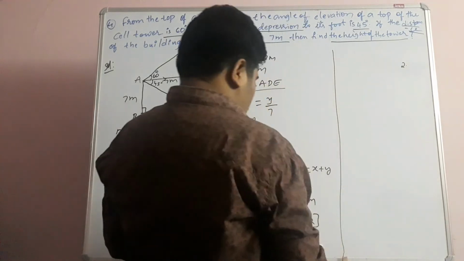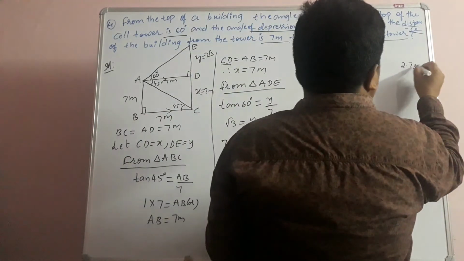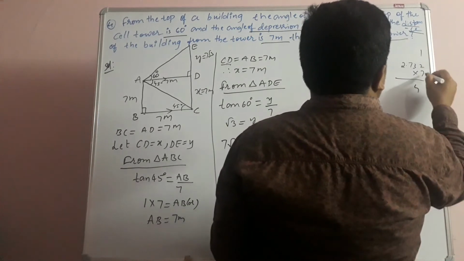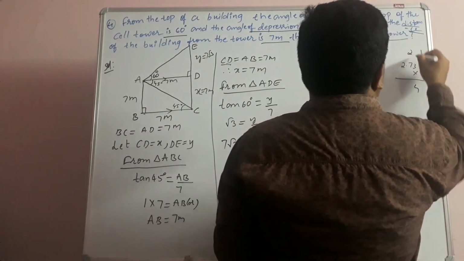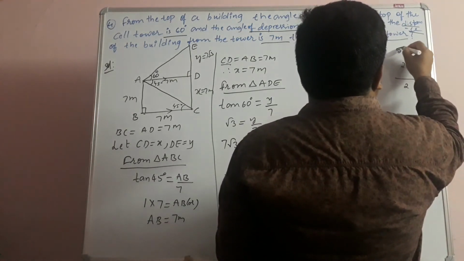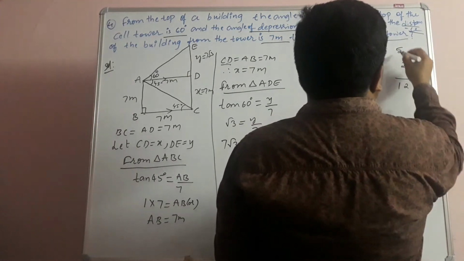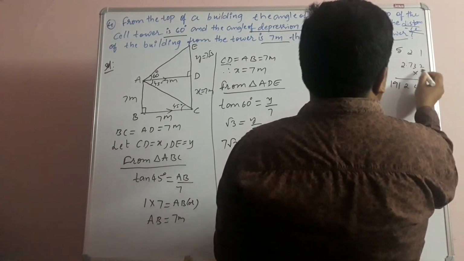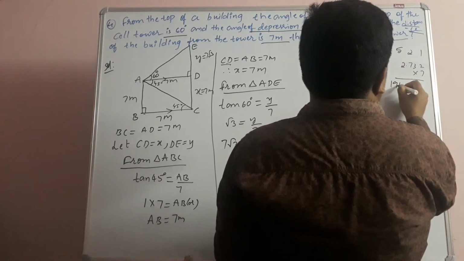2.732 into 7. So 7 2s are 14, 7 3s are 21, 21 plus 1 is 22, 7 7s are 49, 49 plus 2 is 51, 7 2s are 14, 14 plus 5 is 19. So in the last 3 digits we have kept the decimal point.